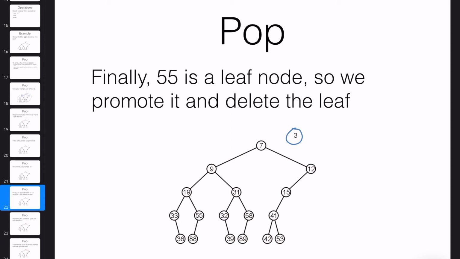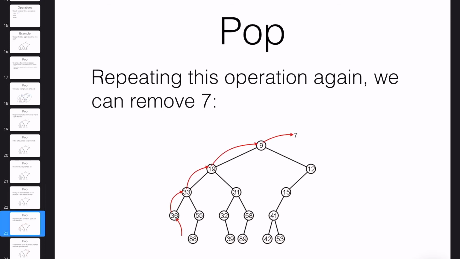So let me show you another example of the pop, to make sure you understand it properly. Assume again I'm going to call pop over this binary heap, a min heap. So 7 was the value of the root.